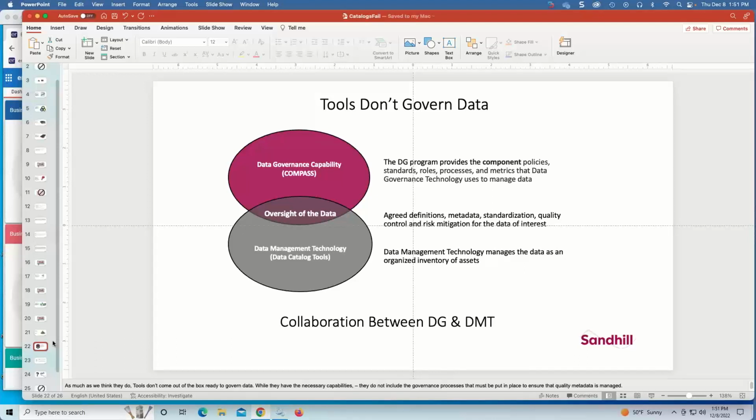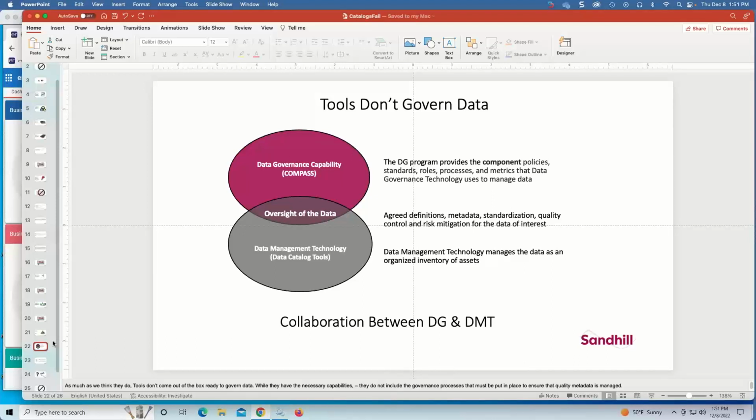I just wanted to reiterate that as much as we think they do, data catalog tools don't come out of the box ready to govern data. They certainly have the necessary capabilities, but they don't include what we've shown: the governance processes, the policies, the RACI, the structure, the definitions, the workflow, and all of that must be put in place.